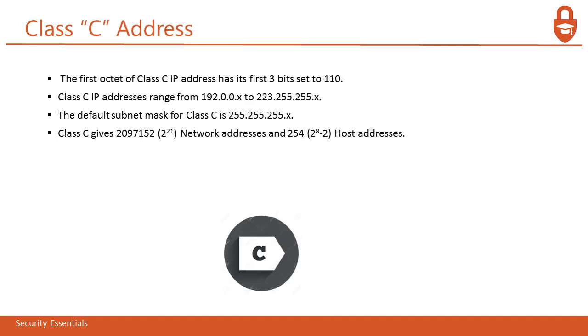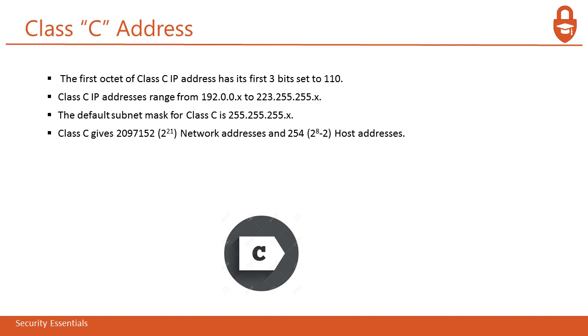In Class C, the first octet of the Class C IP addresses has its first 3 bits set to 110. In Class A, the first bit of the first octet is set to 0. In Class B, the first 2 bits of the first octet are set to 10. And in Class 3, or C, the first 3 bits of the first octet are set to 110. Here you can see 110.